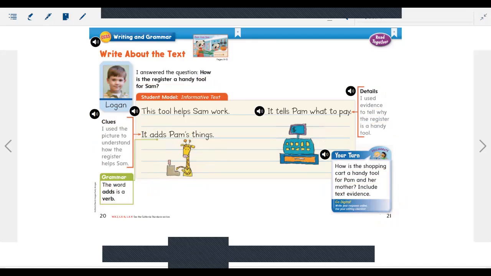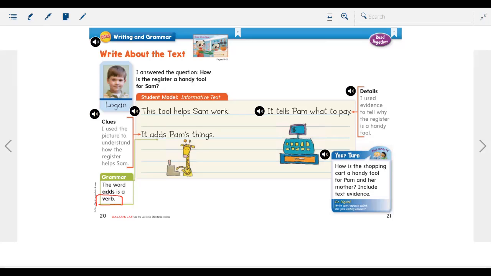A verb is an action word. So it tells what something is doing. So adding is an action. So we call adding or adds right here, this part of the sentence, a verb because it's telling us what this tool is doing. It adds Pam's things. It is a verb.